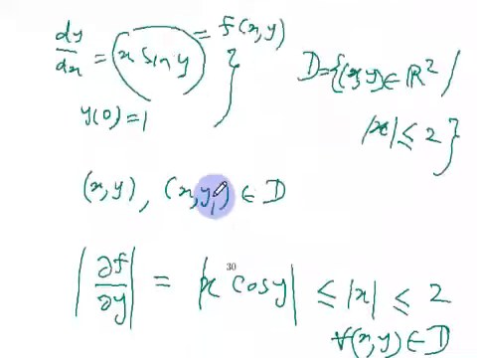If you want to check whether this function is Lipschitz or not, just find the derivative with respect to the dependent variable y, then see whether that derivative is bounded over that domain D. If it is bounded, then we say it is Lipschitz. Okay, all right.